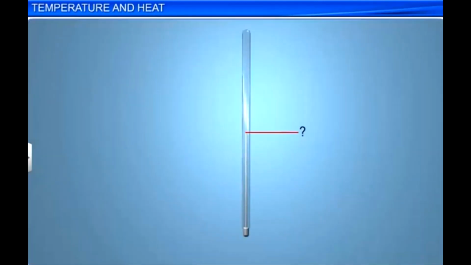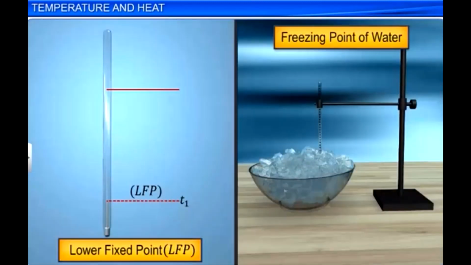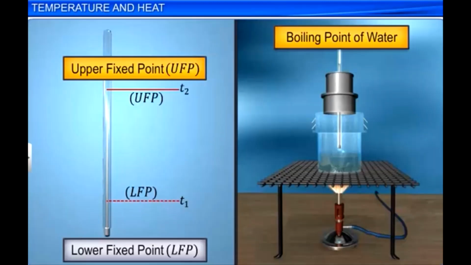To assign a numerical temperature value to a particular length of mercury column in a mercury thermometer, we choose two reference points and assign arbitrary values to them. Among the two reference temperatures, one is considered the lower fixed point, LFP, at T1, which is the freezing point of water or ice point, and the other one is the upper fixed point, UFP, at T2, which is the boiling point of water or steam point.